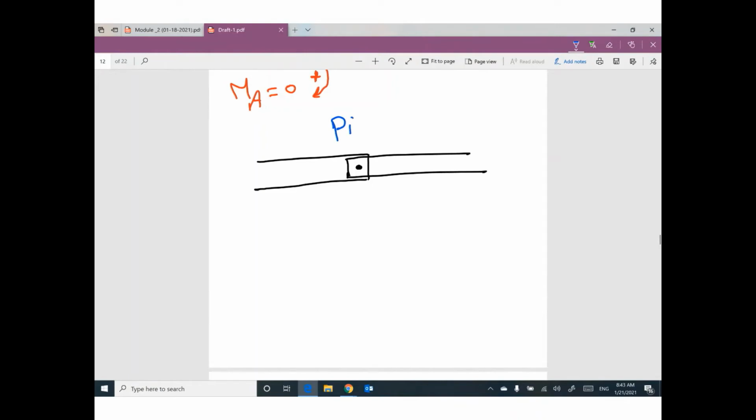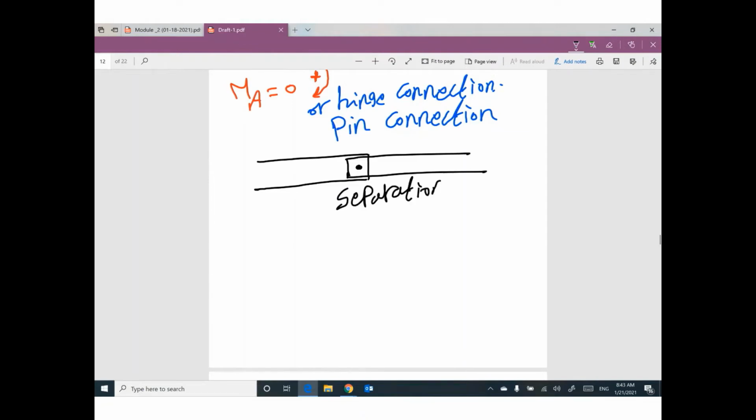It was called pin connection, or hinge connection. Do you remember what was the meaning? I can do separation. This part alone and this part alone.